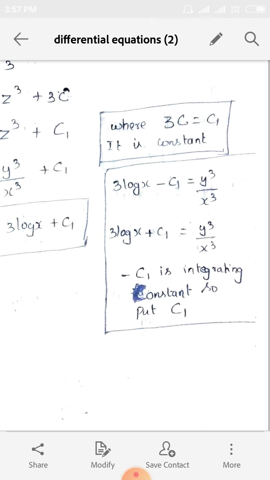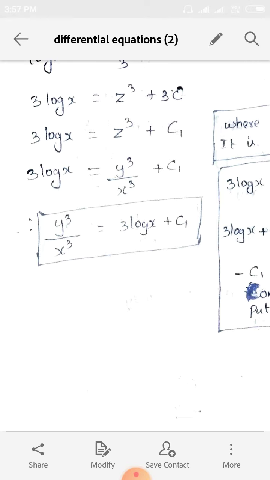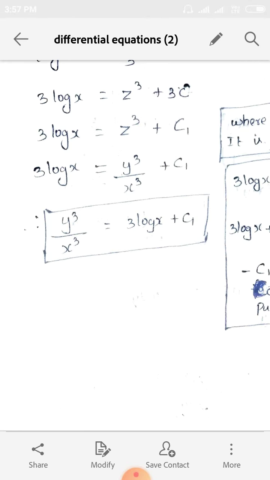Here 3c = c1, so it is a constant. So 3 log x minus c1 can be renamed as plus c1 because it is a constant. Therefore, minus c1 is the integrating constant, and we put c1. So the solution is y³/x³ = 3 log x + c1.